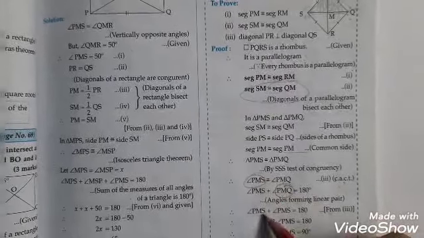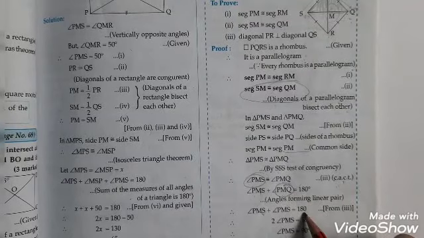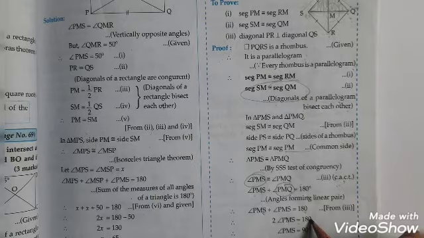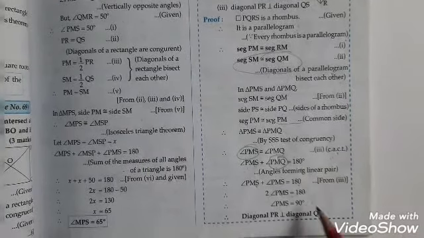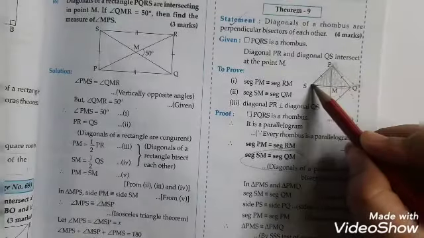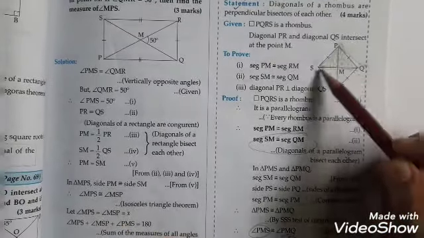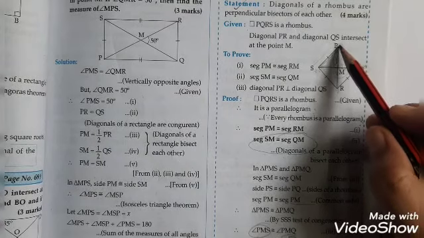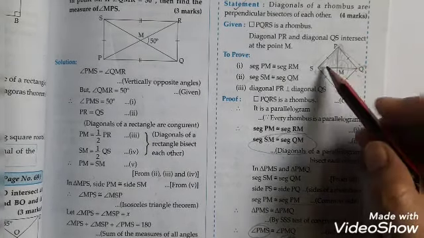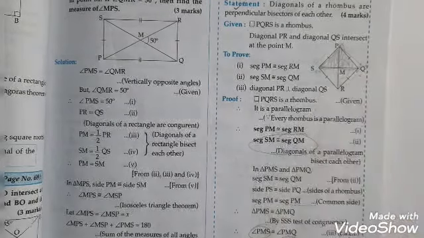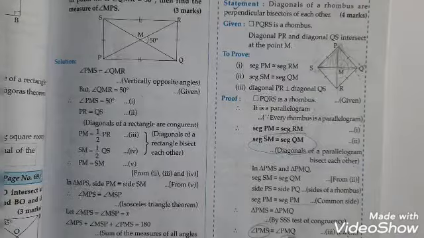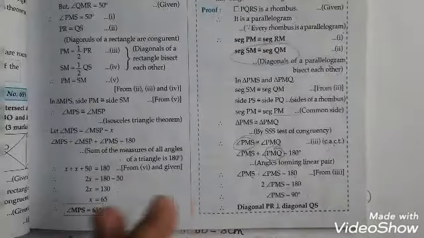So angle PMS plus angle PMS is equal to 180. Therefore, 2 angle PMS is 180, so angle PMS is equal to 90. That means it is a perpendicular bisector, that is, diagonal PR is perpendicular to diagonal SQ. Okay, that is the proof.